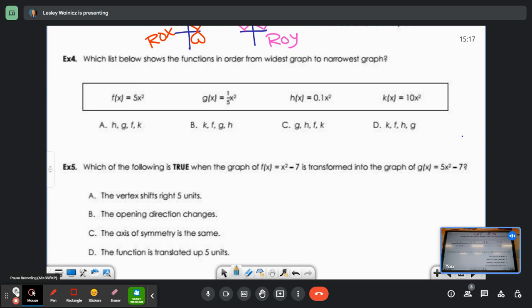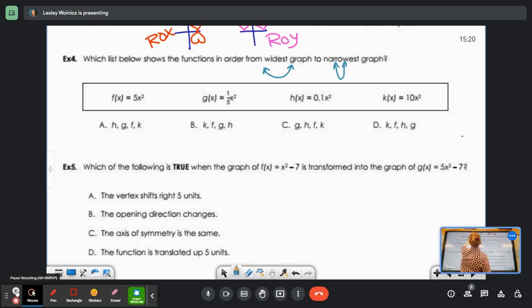All right. So for this one, we have to put the functions in order from the widest graph to the narrowest. You may use the number line on the front to help you. Which one is the widest, with the smallest a value closest to 0?